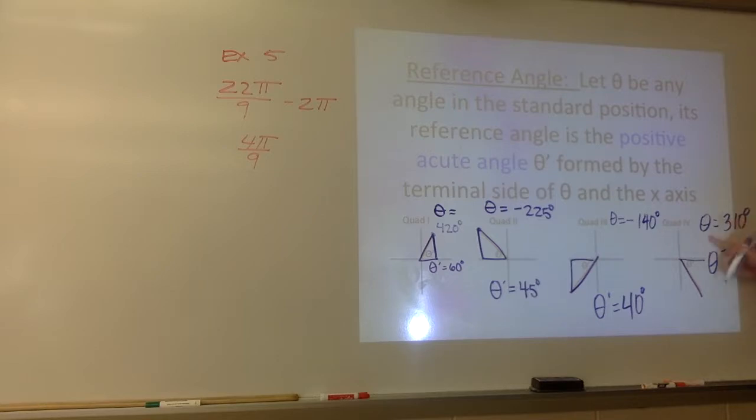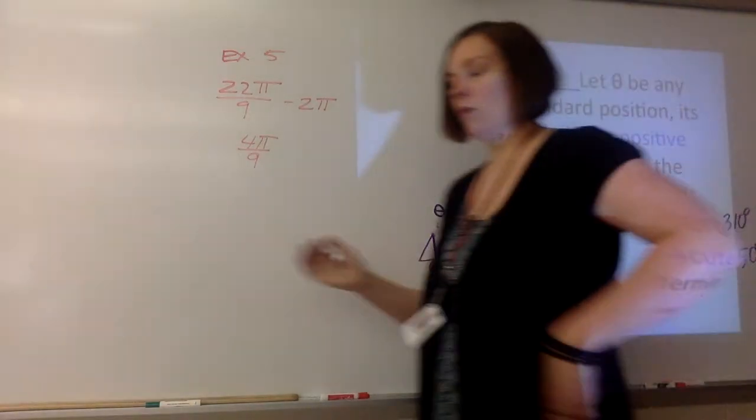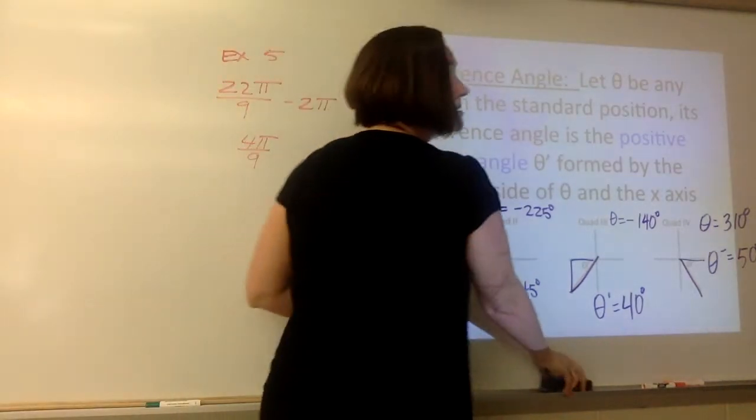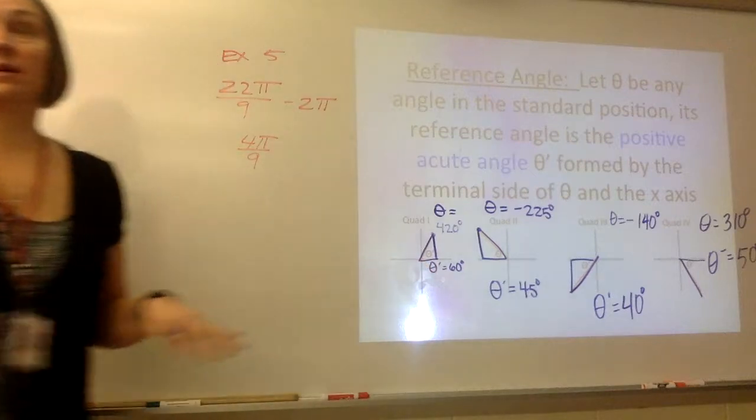Basically, you're going to want to take whatever theta is, you want to find its location, and then you want to think about the size of theta prime. It will always be between 0 and 90, or a radian value. Good? Can I erase?